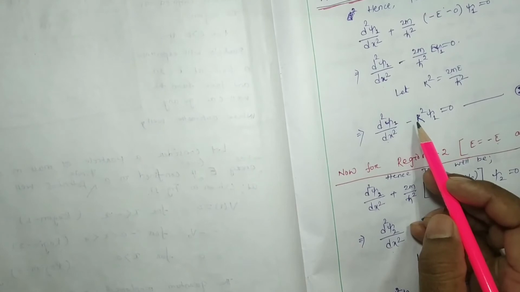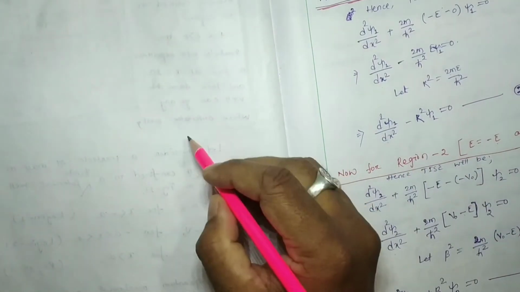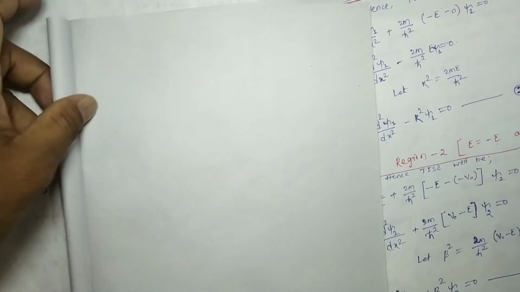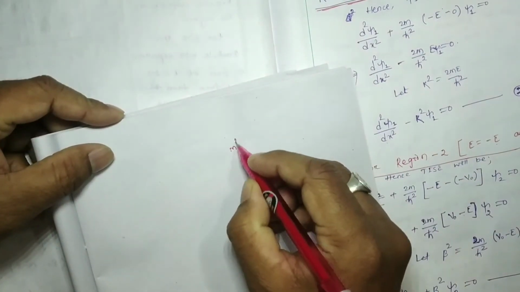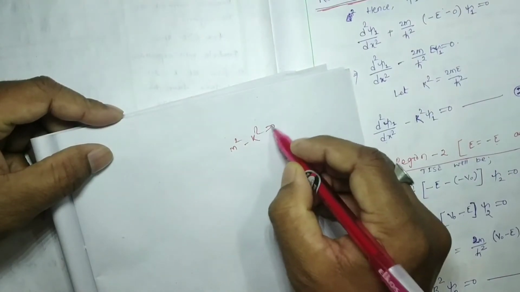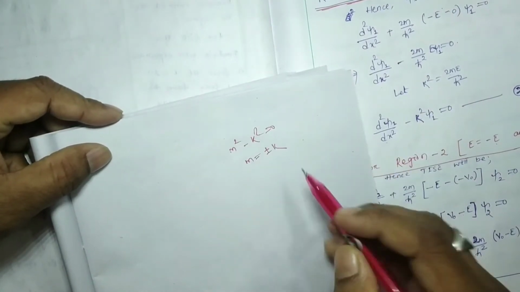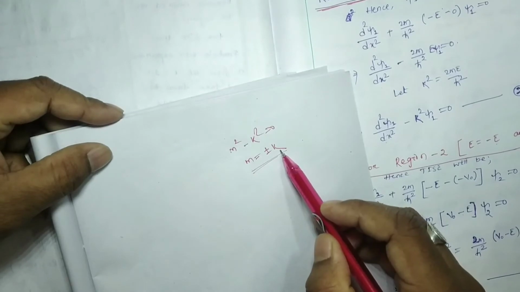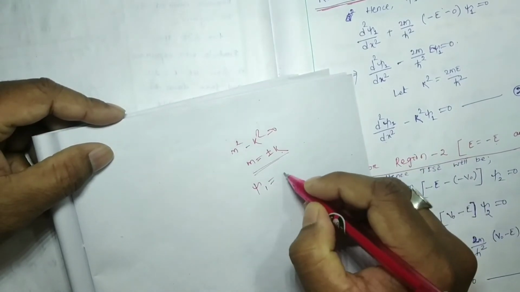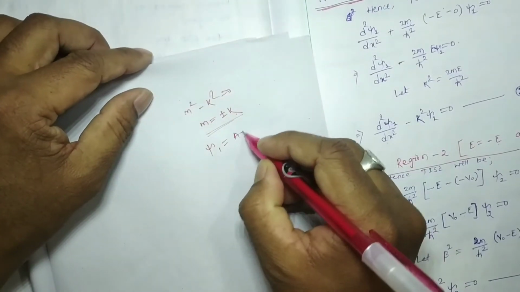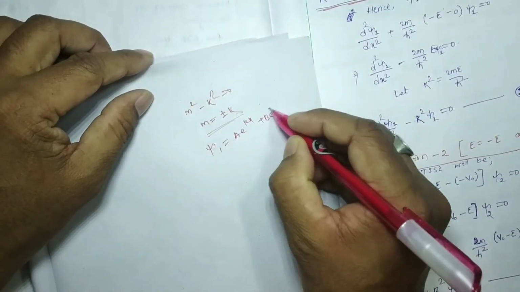For finding it, we find the auxiliary equation, which is m square minus k square is equal to 0. So m is equal to plus or minus k, real. So for the solution psi 1 I can write some constants: a e to the power kx plus b e to the power minus kx.